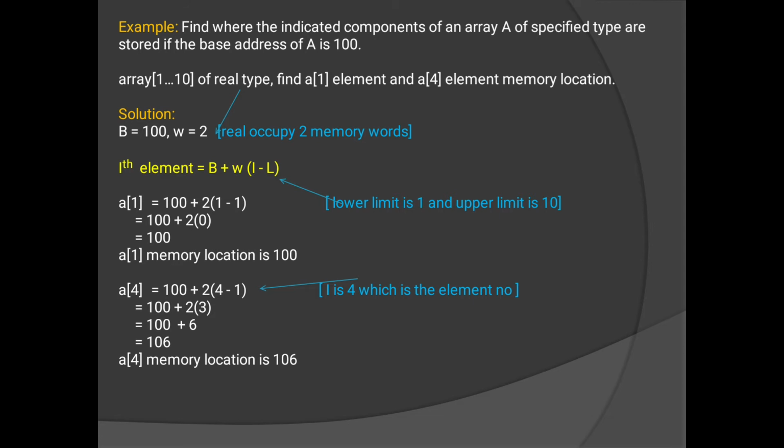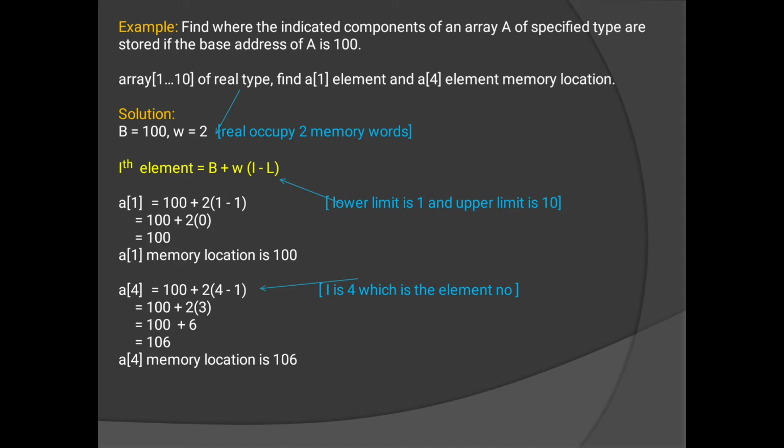Now let's see an example on this one-dimensional array. Find where the indicated components of an array A of specified type are stored if the base address of A is 100. Here we have an array called A, and the type of this array is real.